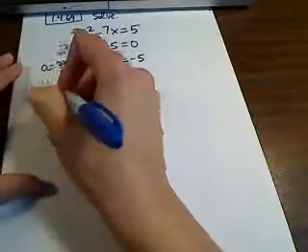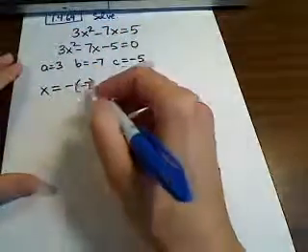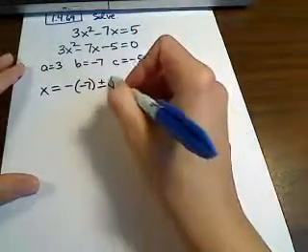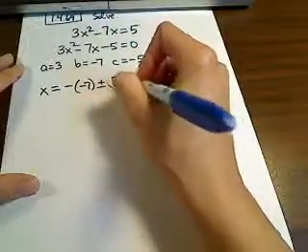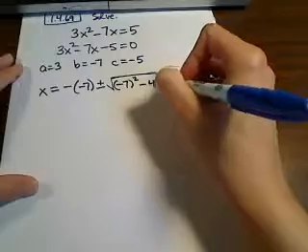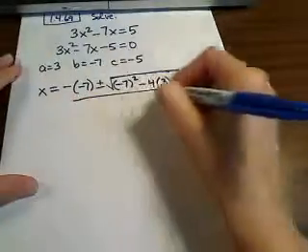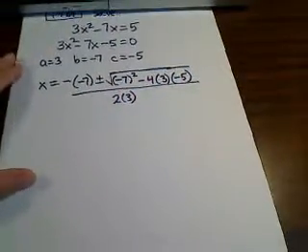So this is going to be x is, it's negative b, so it's the opposite of a negative 7 here, because b is actually negative. We have plus or minus the square root of b squared, so negative 7 squared, minus 4 times a is 3, and c is negative 5, and this is all over 2 times 3.